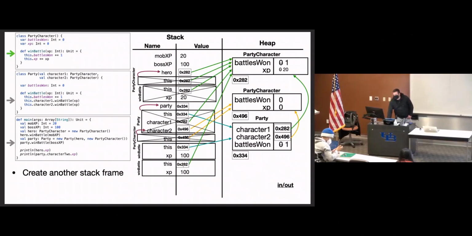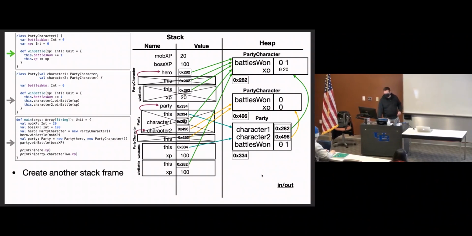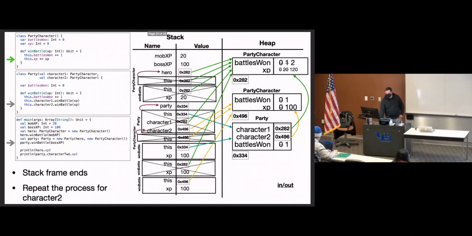So this is going to be a reference to this object when we call win battle that first time. So we're going through the dot operators and finding the right object that's being referred to. Increment battles 1 and XP. And then do the same thing for character 2. this.character2.winBattle. Increment, change the stack, destroy the stack frame.